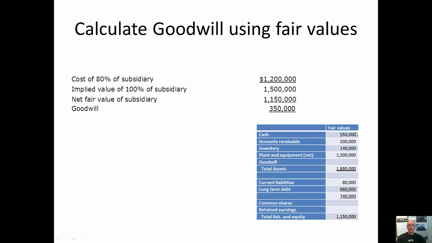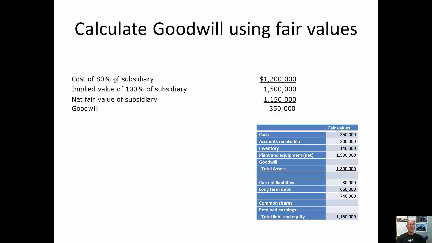So I've reproduced in this table the fair values, and you can see that assets of the subsidiary at fair value, and again not including any existing goodwill, are $1,890,000. $740,000 in debt leaves $1,150,000 net fair value.